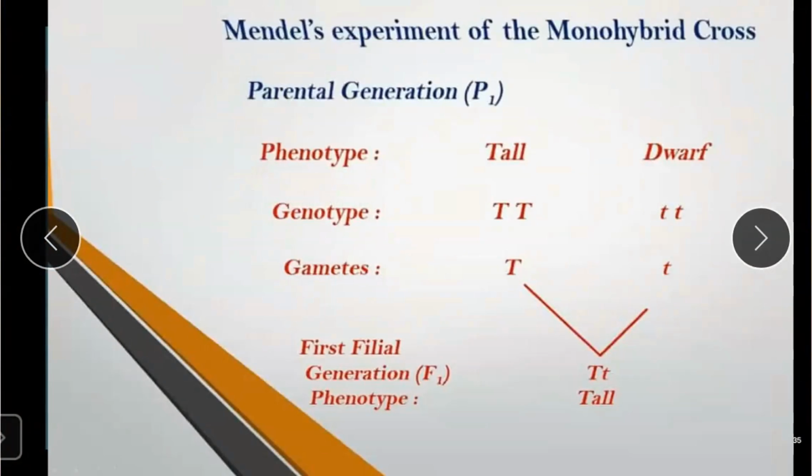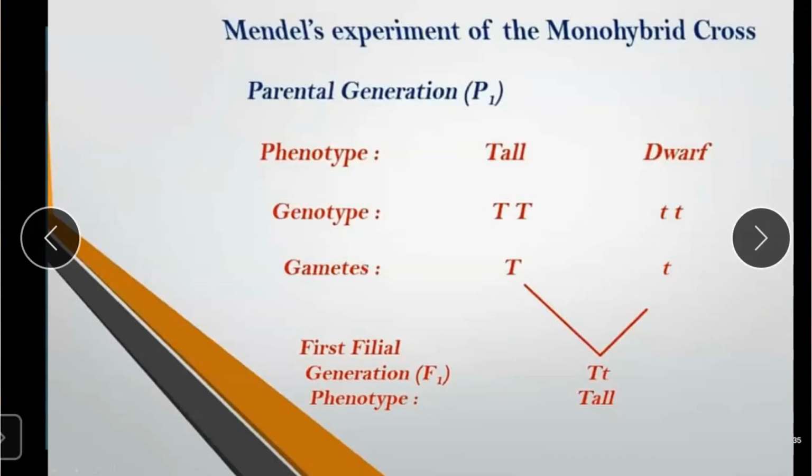Hence this is the parent generation, P1, the first generation. Mendel referred to the tall and the dwarf plants as dominant and recessive respectively. The tall plant was referred to as dominant, and the dwarf plant as recessive. Now see, the parental generation P1 consisted of tall and dwarf plants, and these plants were crossed with each other.